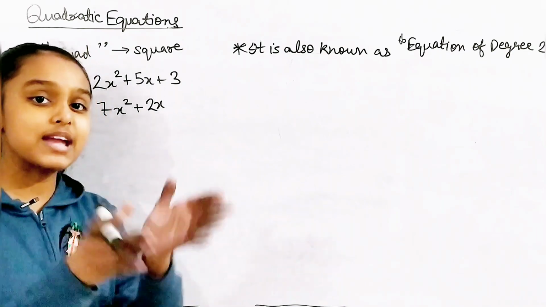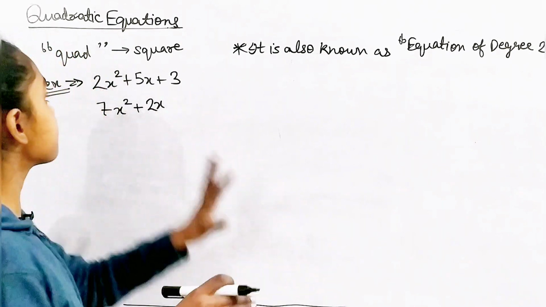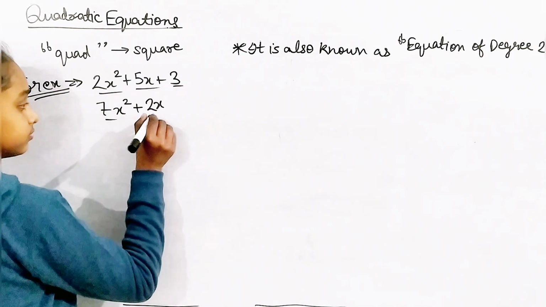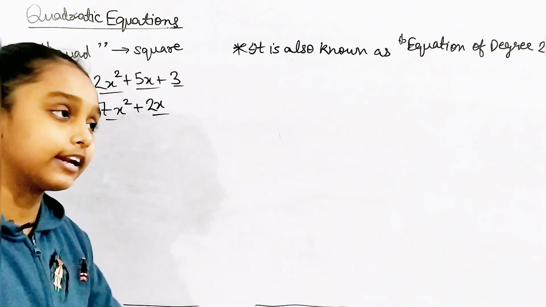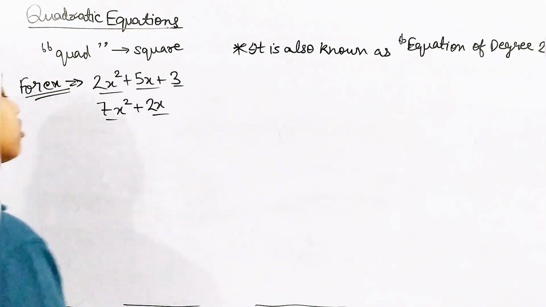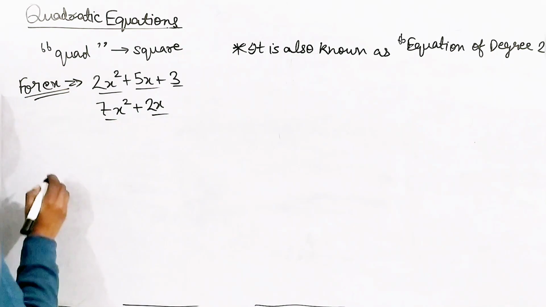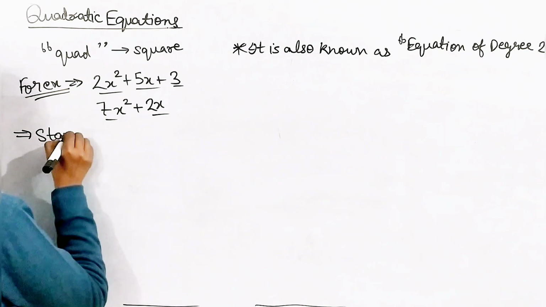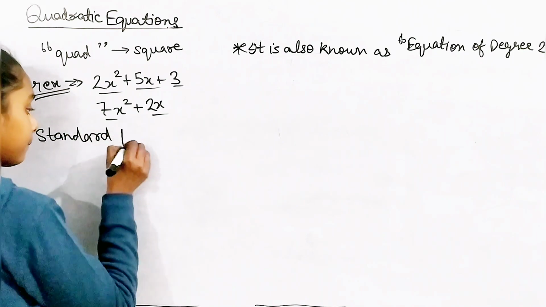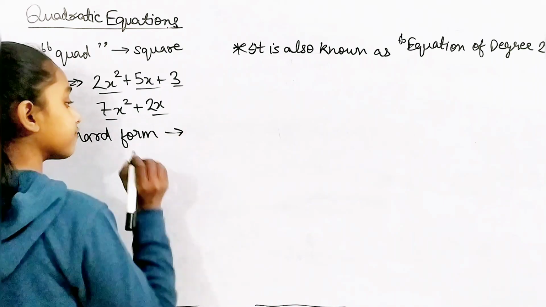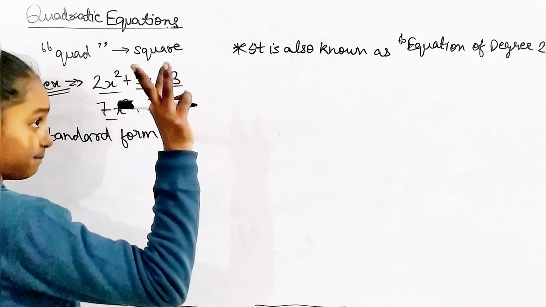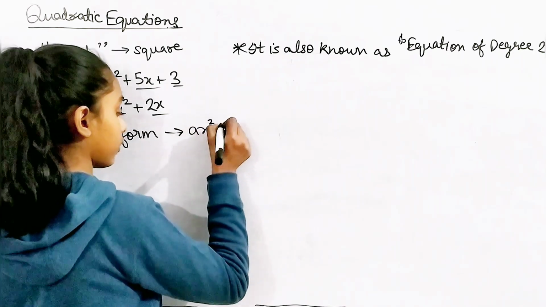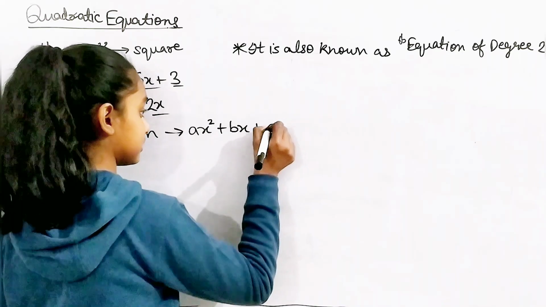I hope these two basic and small things are clear to us. So let's move on to the main thing, the standard form of quadratic equations. Standard form is where we have three numbers: ax squared plus bx plus c.